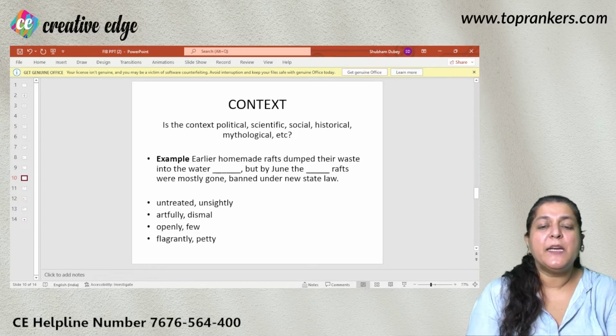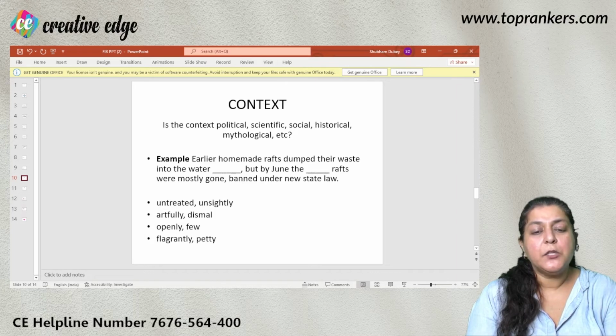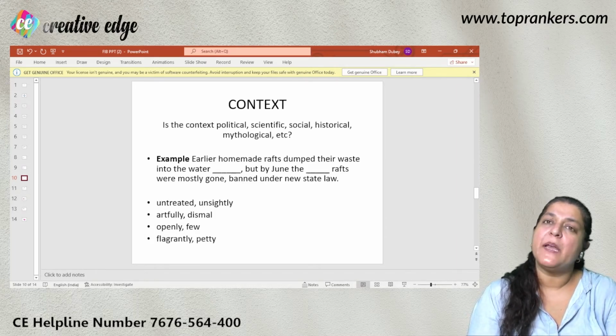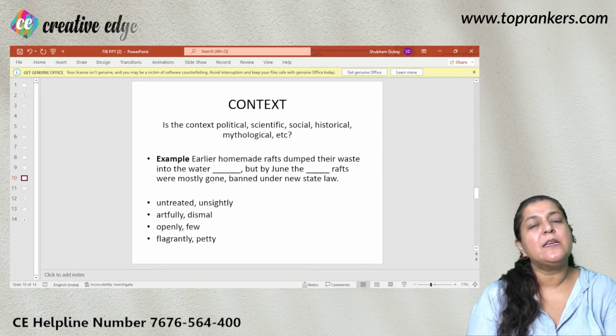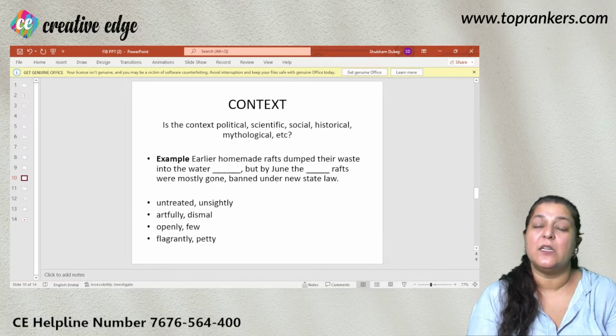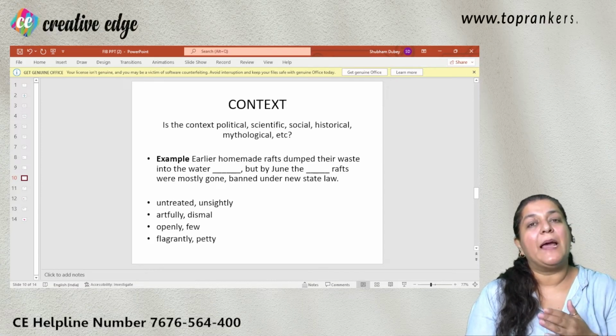It says, but by June, the dash rafts were mostly gone, banned under new state law. Now, there is a mention of homemade rafts in the first half of the sentence. This is your clue, the contextual part that I was asking you to refer to when a blank is given.